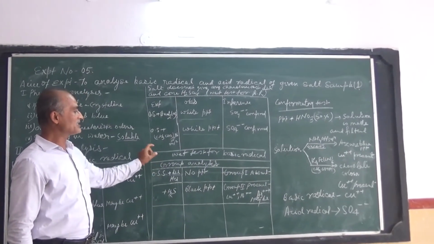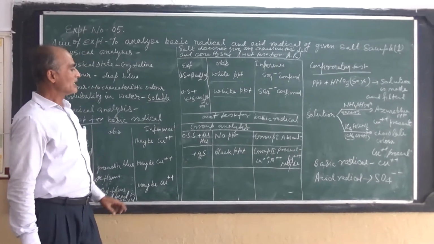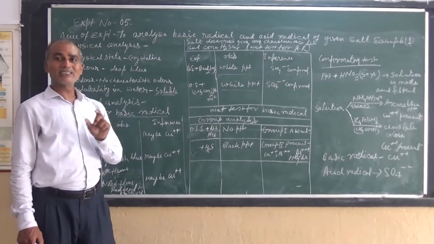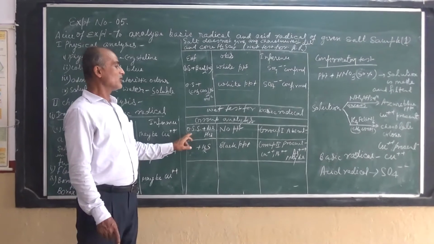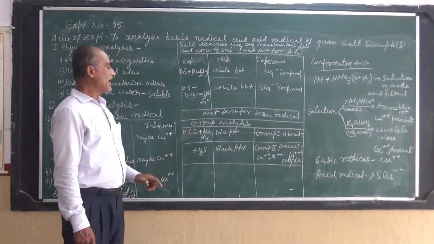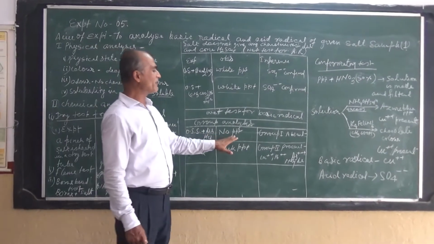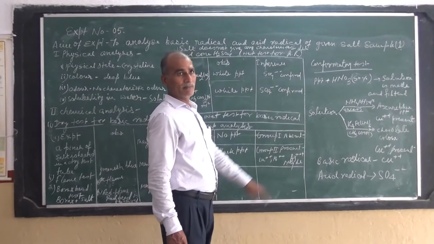For the basic radical, we first go through the group analysis. In group 1 the reagent is dilute HCl. We make the solution of the given salt sample and add dilute HCl to it. There is no precipitate obtained. That means group 1 is absent.